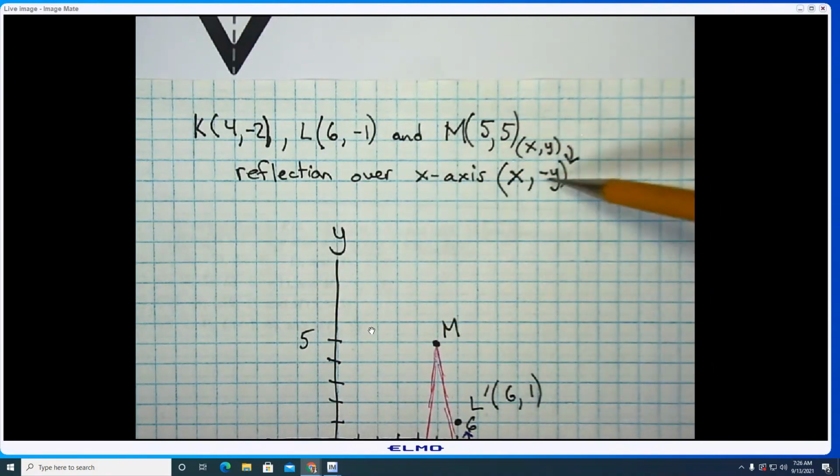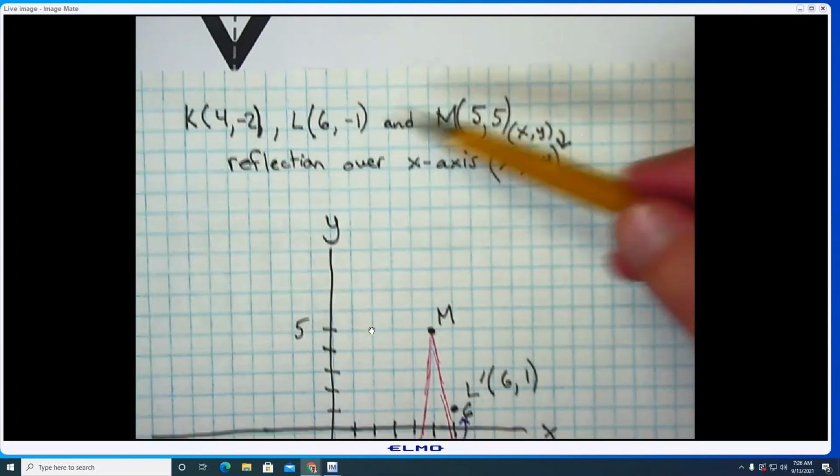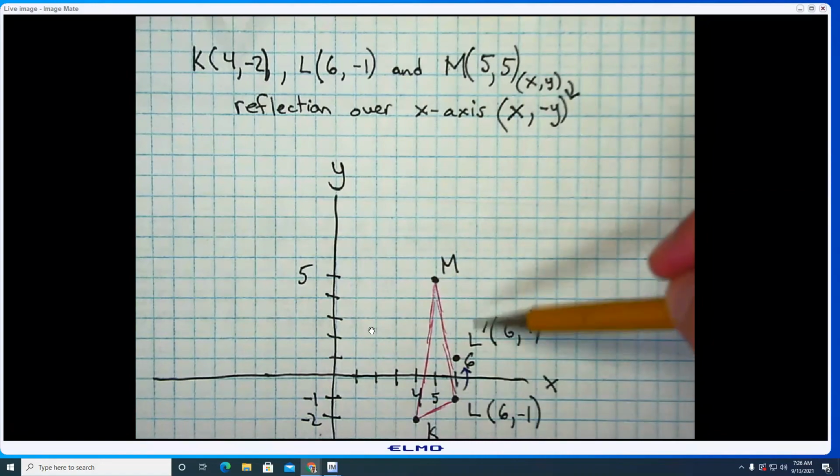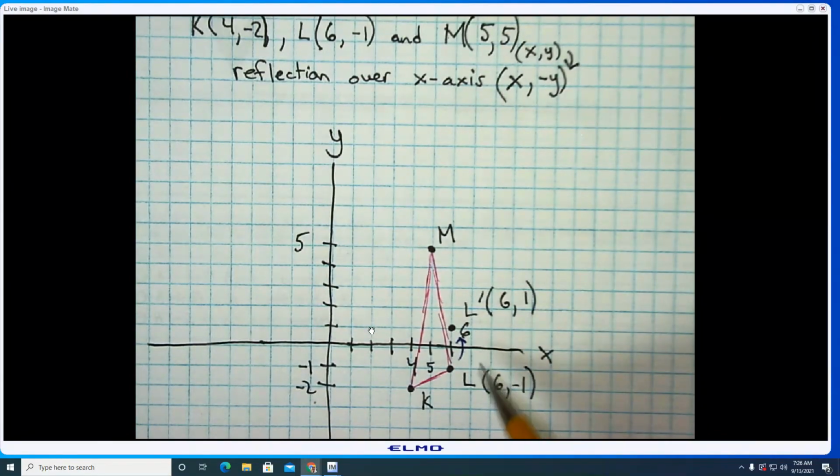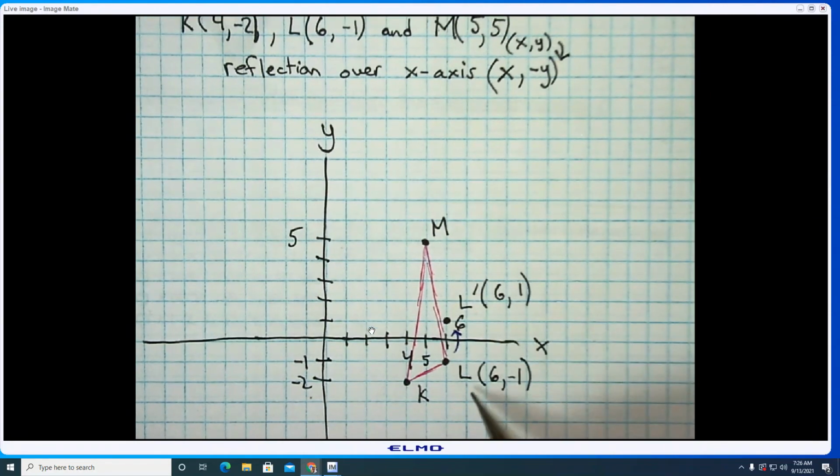So, a reflection over the x-axis. I graphed these 3 points, so there's our 3 points. Then I just looked at one of them. So here's point L. If I reflect it over the x-axis, it's going to be the same distance from the x-axis as the original point.